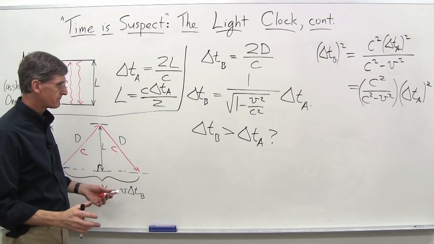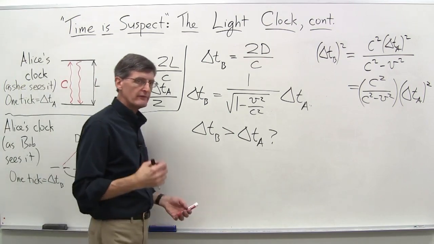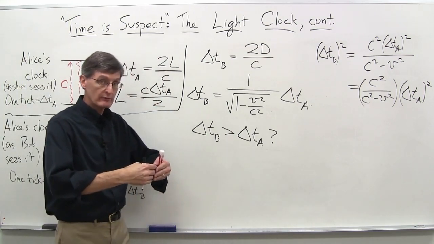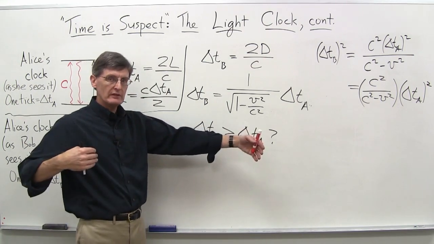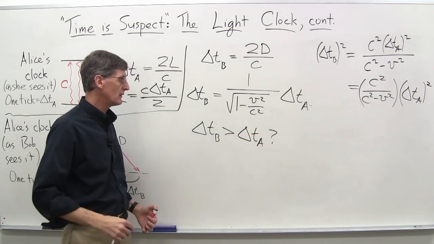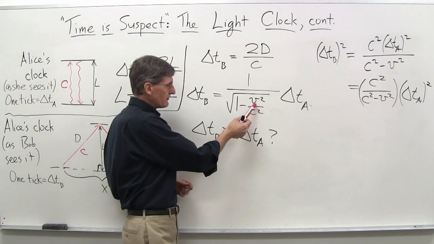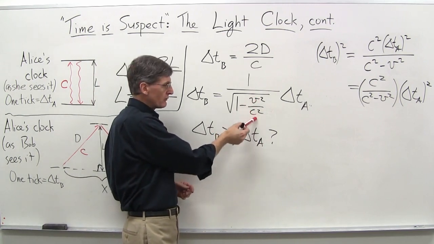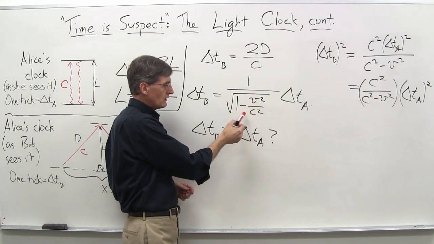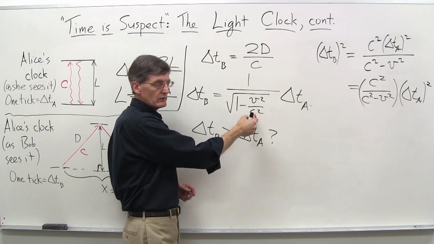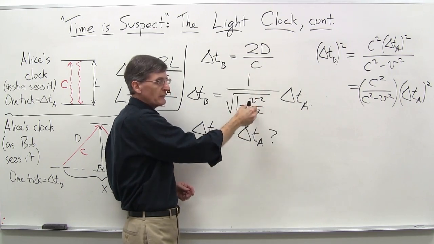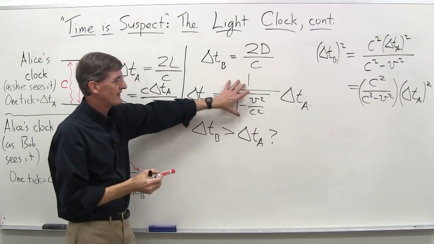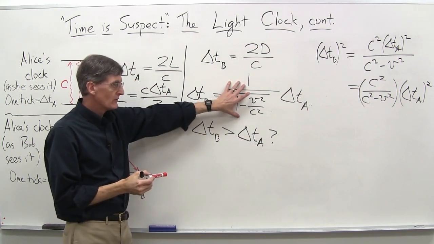So that's okay. Let's think about another extreme case. What happens if v equals c, if Alice is actually going at the speed of light? Well, if v equals c, I've got c squared over c squared, that's 1, and 1 minus 1 is 0. I've got a 1 divided by 0 situation. This is infinite, so that's a problem.